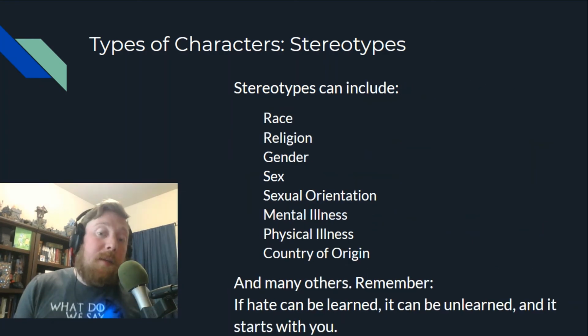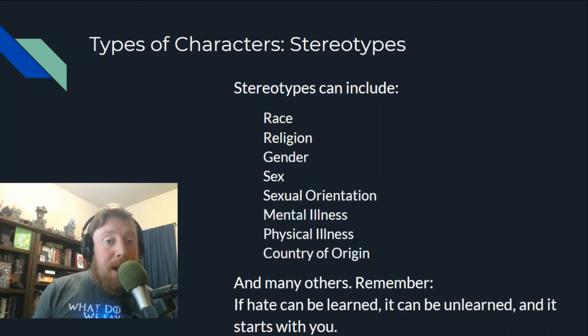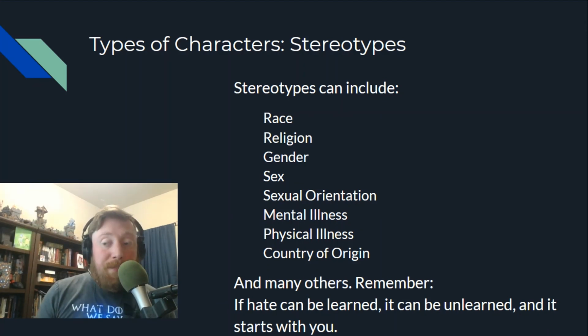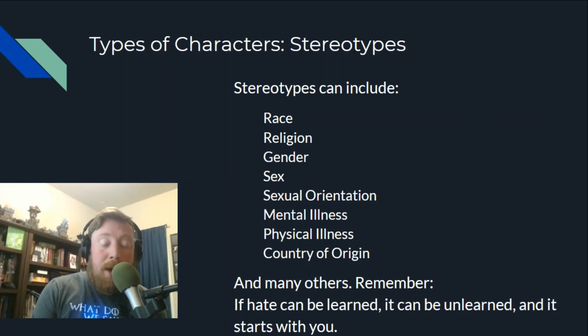Some stereotypes can include things that center around race or the color of the skin, right? Basically just how much melanin you have in your skin. You can think of any number of different races, from Caucasian white, African American black, to Hispanic and Latino or Latinx. You can go to any number of different Asian stereotypes, right?